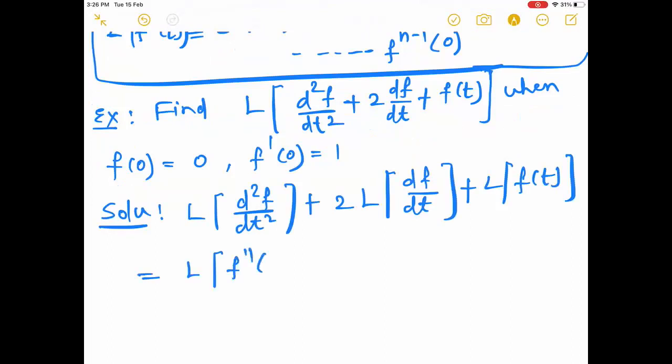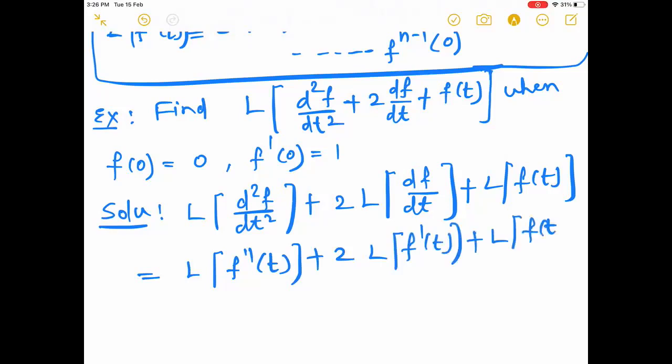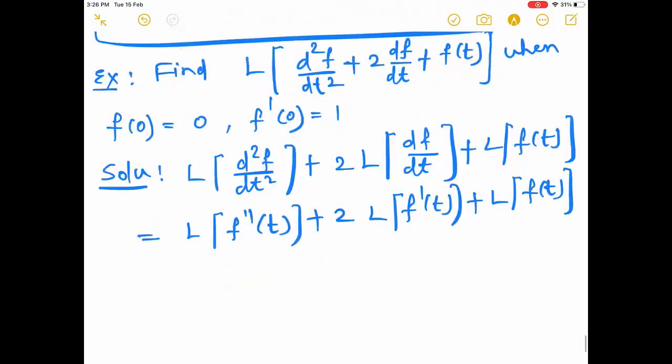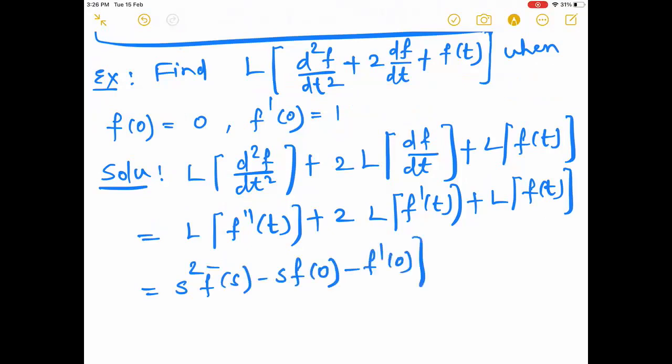And the last term is just f of t. Okay. And therefore this will come out as, now this will start from s square f bar s minus s into f of 0 minus f dash 0 is the first bracket.